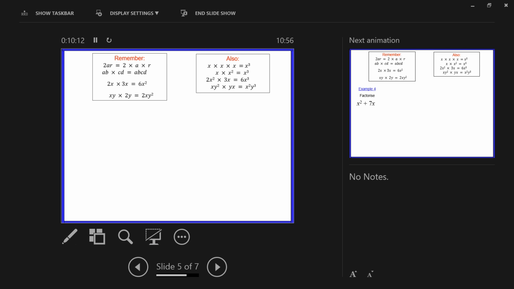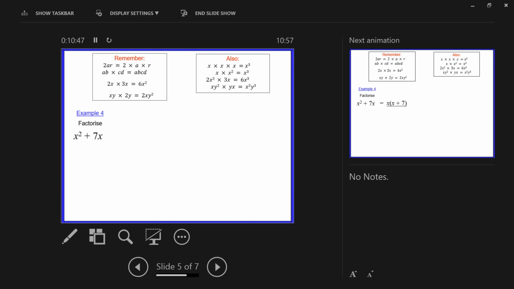But all of that I'm just reminding you because when we have something like x squared plus 7x, now you'll see I can't take out a number as a common factor. I can take out a variable as a common factor. So what variable is in both of them? x. Will I take out x squared or will I take out x? You can only take the lowest one. So we say we're going to take out x.